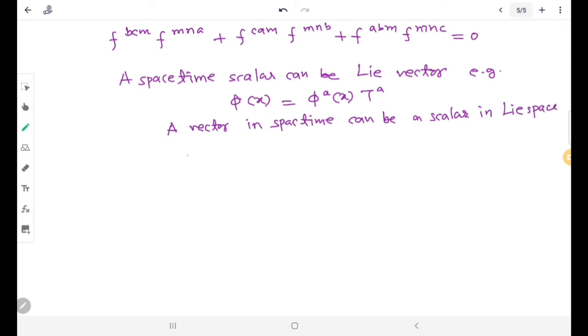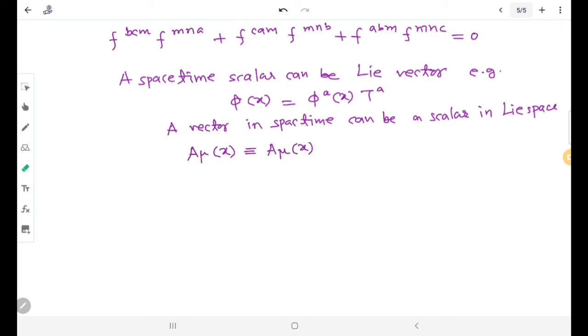Like A_mu: this is a vector in space-time, but it is just a scalar in Lie space. There is no dot, there is nothing like that.